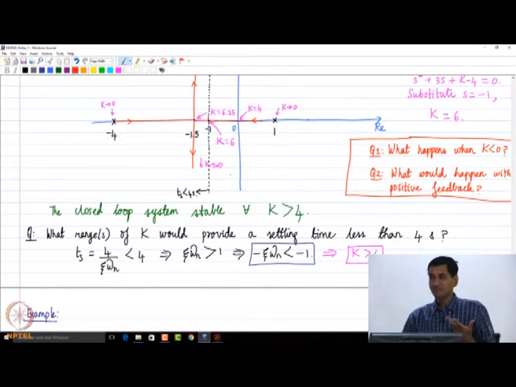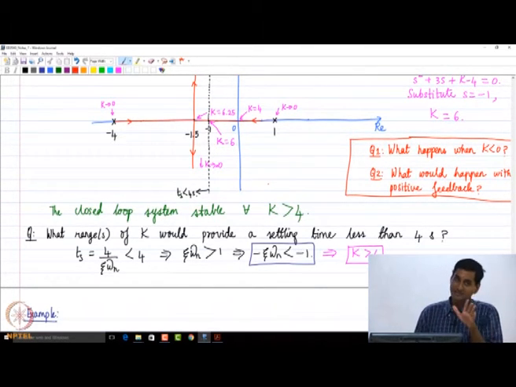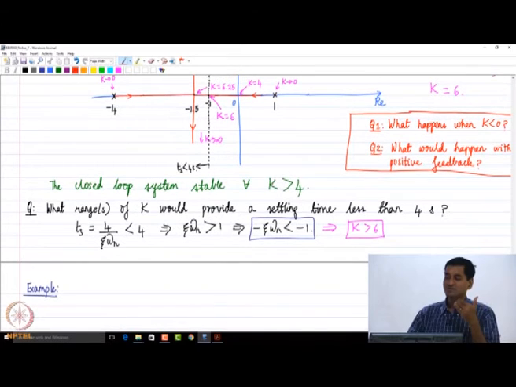Why would the root locus steps change with positive feedback? Because the closed loop characteristic equation is now 1 minus G(s)H(s) equals 0. We did everything considering 1 plus G(s)H(s) equals 0. The magnitude condition will remain the same, but the angle condition will change. So think about what changes would occur.